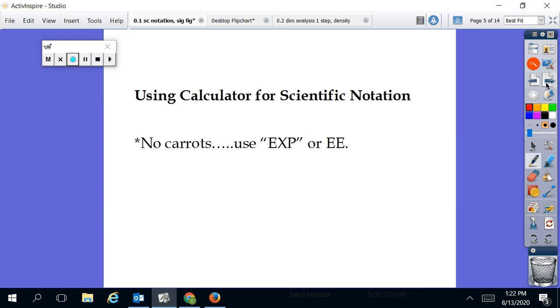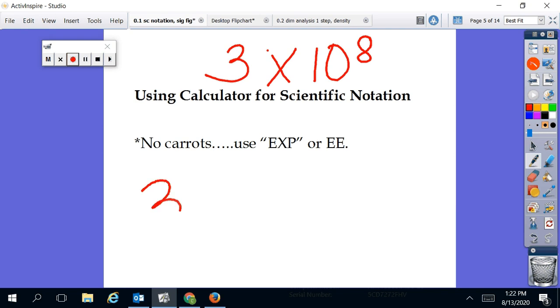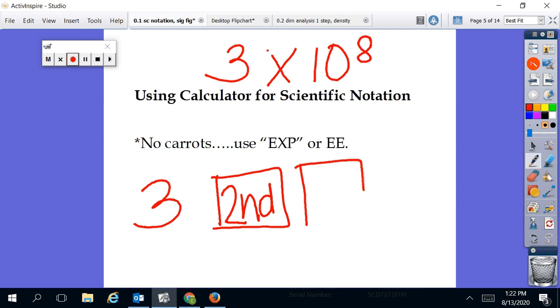Unless you're going to use parentheses, the way to put it in your calculator, if you have a TI-84 graphing calculator, if you wanted to type in the number 3 times 10 to the 8, you type it as 3, then you find the button that says second, and then you find the button that says double E, and then you type the number 8.